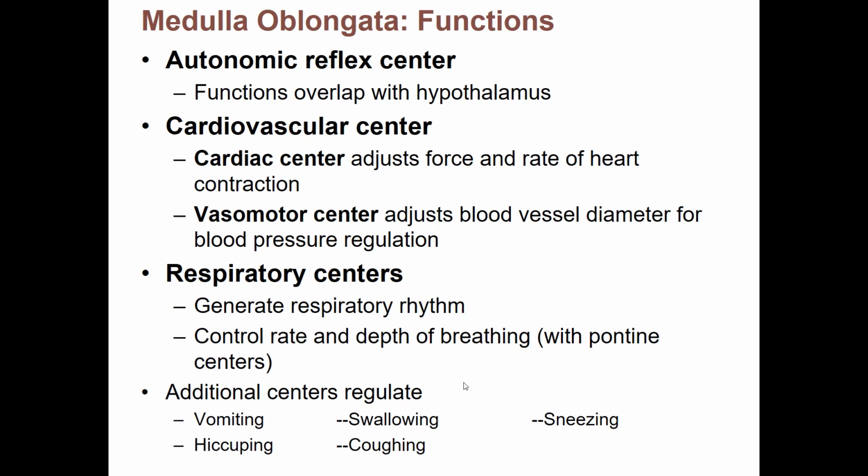It affects the force and the rate of your heart contraction. It controls your blood vessel diameter and blood pressure. It controls your respiratory rhythm, the rate and depth of breath. It works with the pons. Those are the reasons why if it becomes damaged, it becomes fatal.